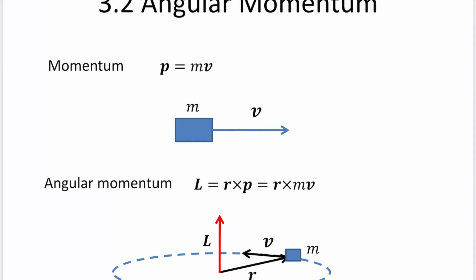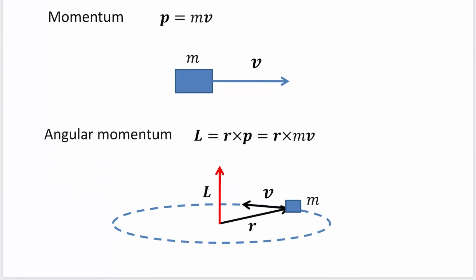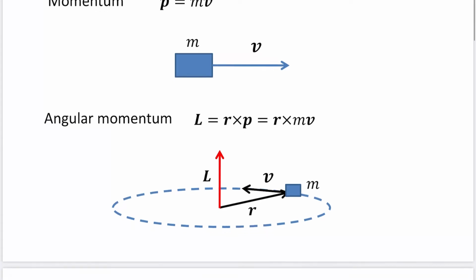When we consider the rotational motion of an object around some axis, in this case, the object with a mass of m is making circular motion with a radius of r and a velocity of v. Then we define angular momentum, a vector quantity, as r cross p.